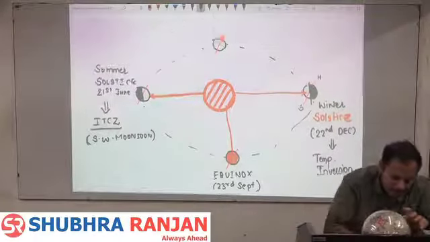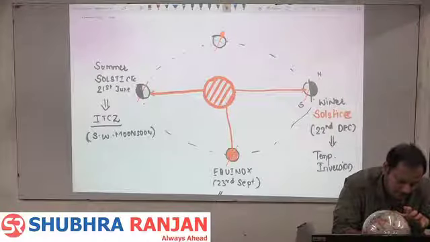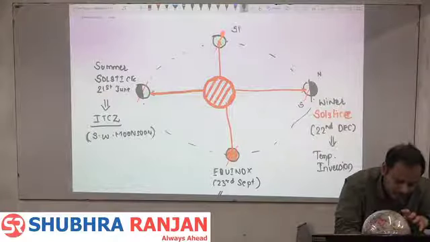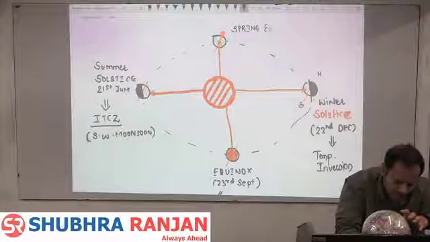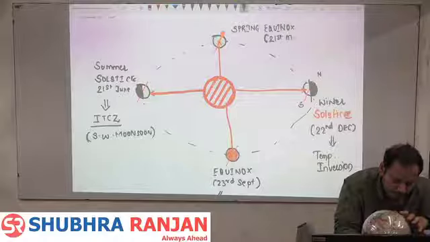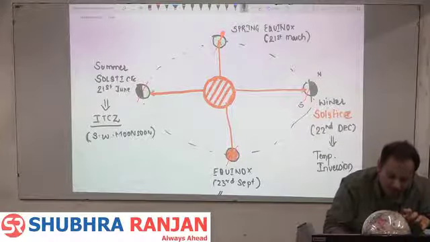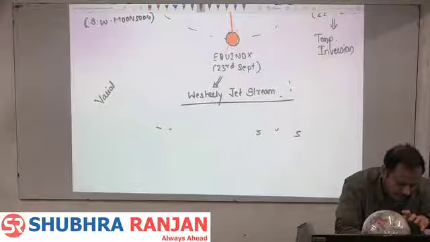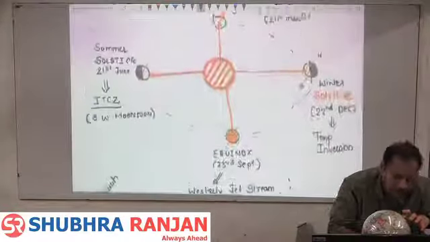And lastly, again, the equinox. But this is the spring equinox, which is going to be on the 21st of March. So here also there is equal day and equal night.